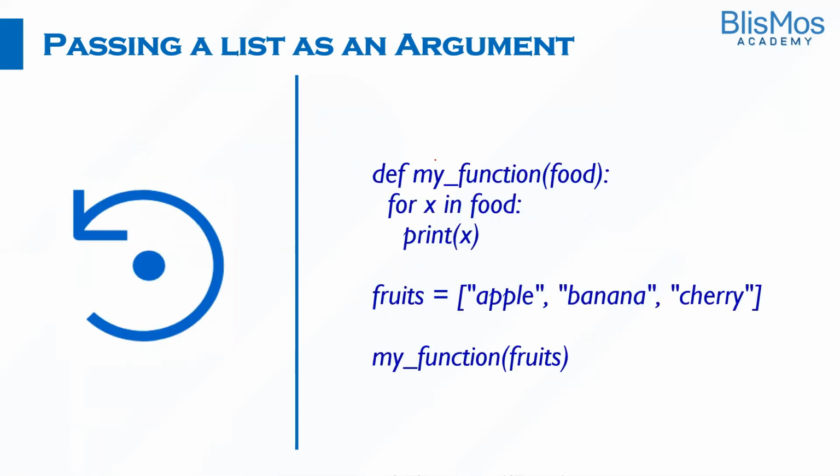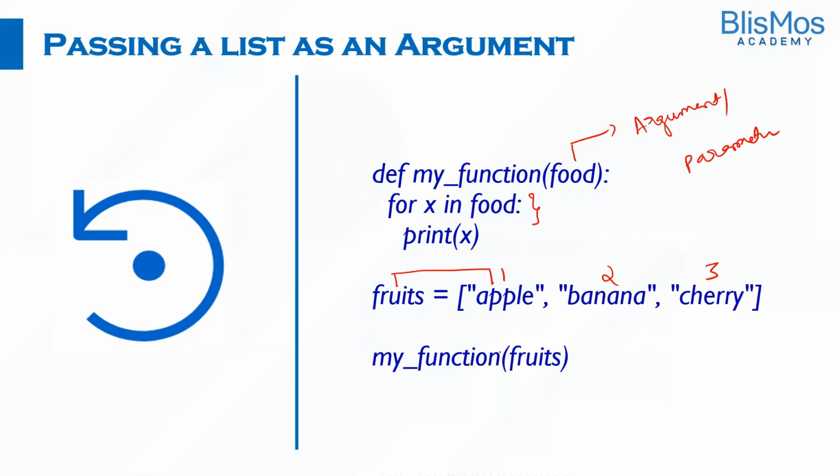Just to take an example here, this is our argument or parameter. And remember, we are putting our for loop into use here. For x in food, print x. So our list is fruits, and within that we have three items.